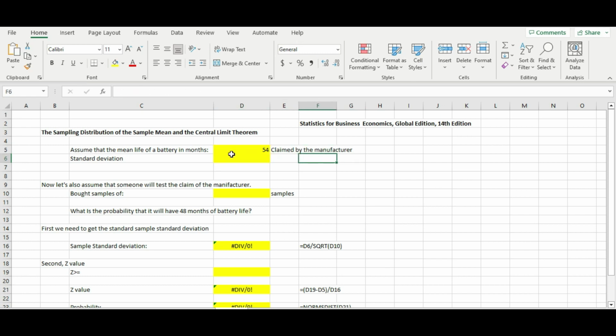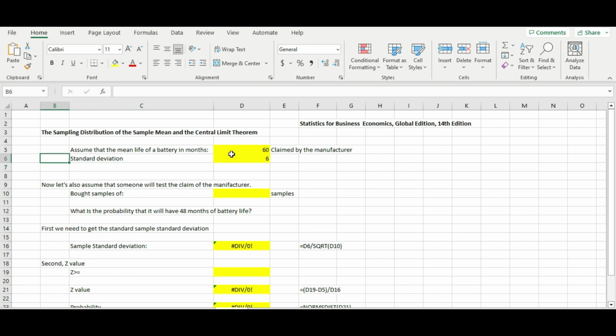Let's say 5 years. It claims 5 years or 60 months, and the standard deviation they are claiming is around 6 months.